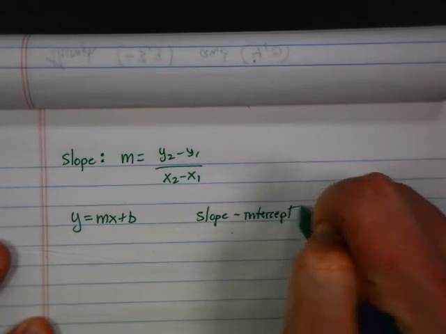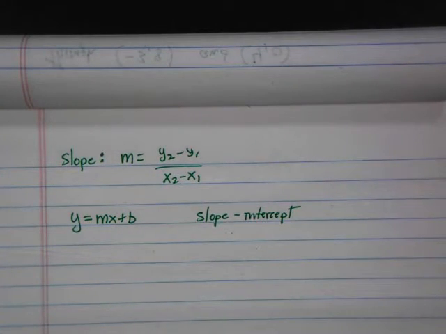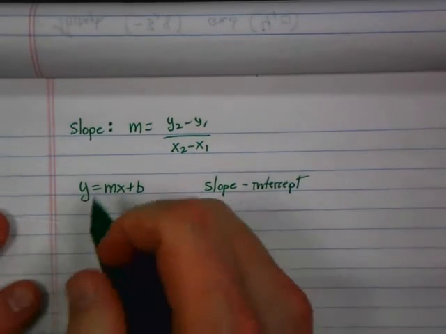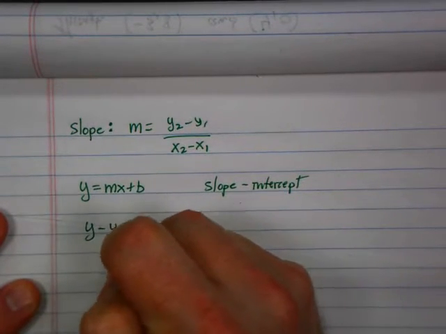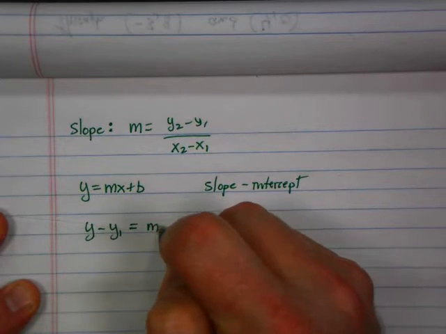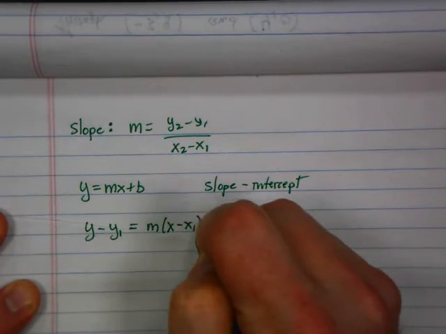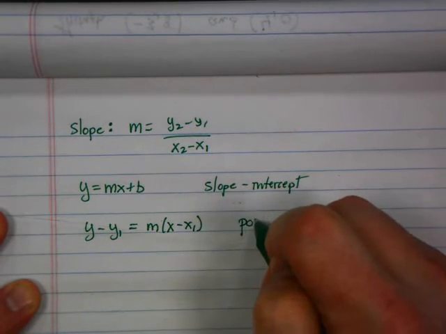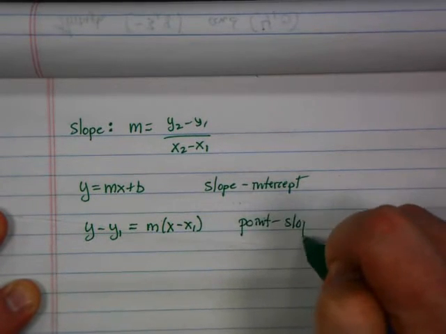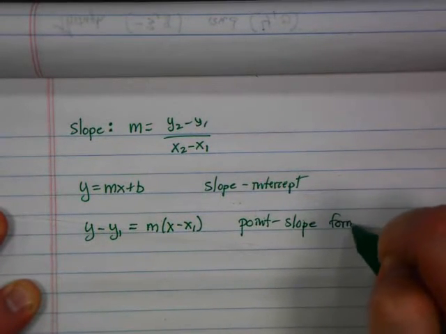There's this third formula that we sometimes use. And this third formula looks like this. y minus y1 equals m times x minus x1. This one is called point slope form.